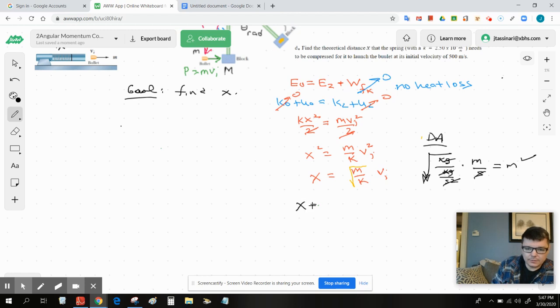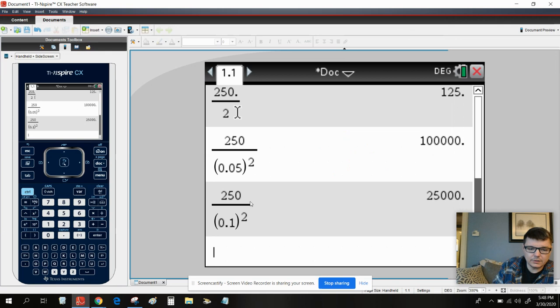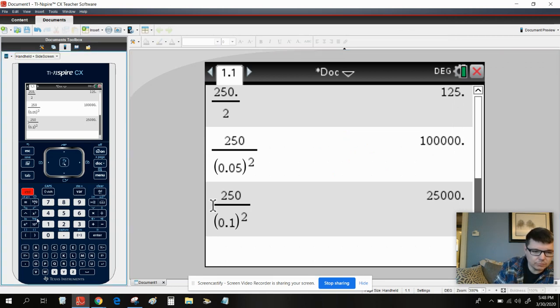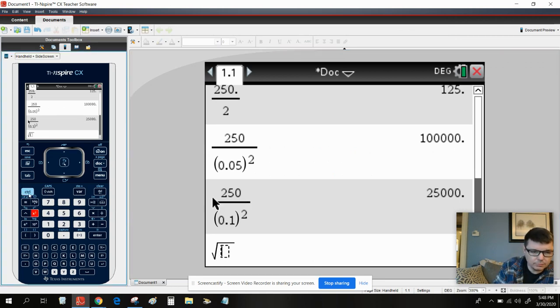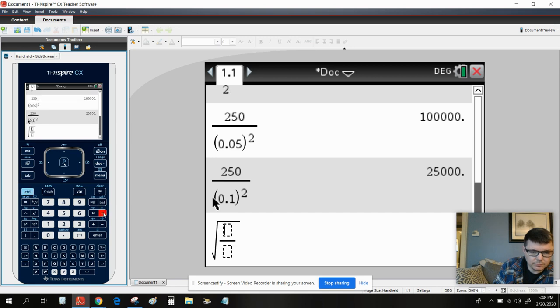Okay, let's plug in some values. So square root of 0.001, which is 1 gram in kilograms, divided by 25,000. That's going to be a small number, times 500, and these will have the units of meters. So taking a look, control square root, control division.